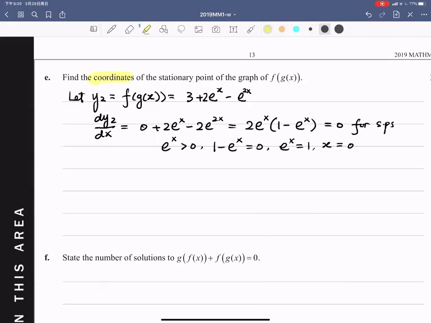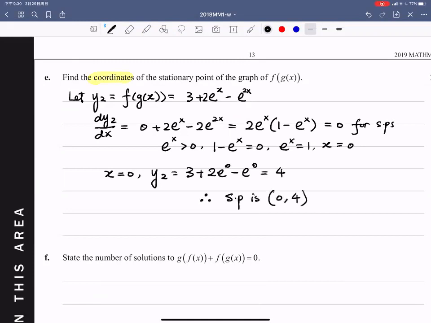The coordinates. So x equals 0, y2 will be 3 plus 2e^0 minus e^0. 5 plus -1, which is 4. Therefore, the stationary point is (0, 4).